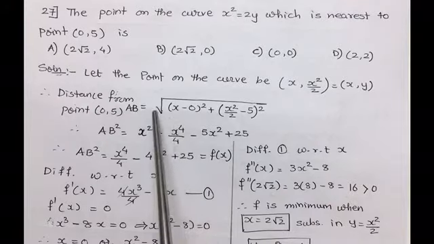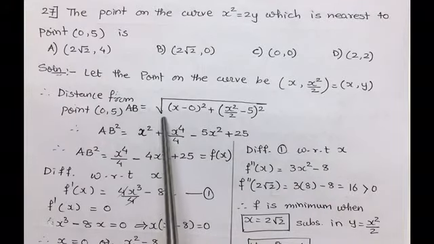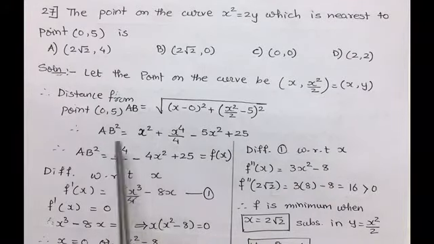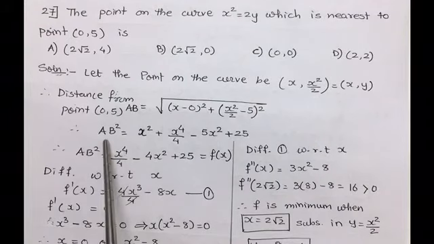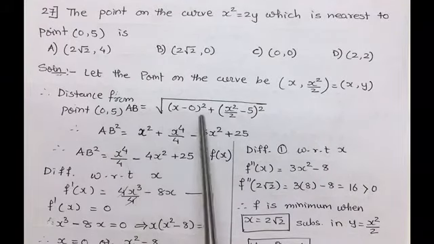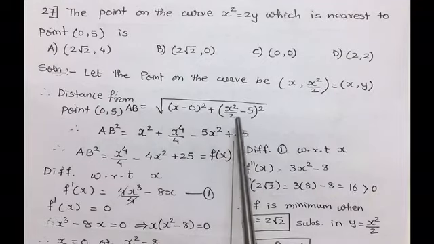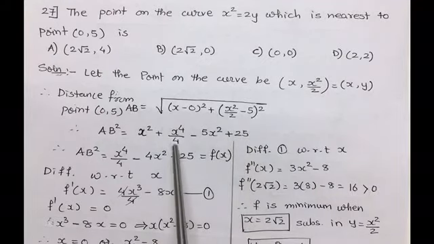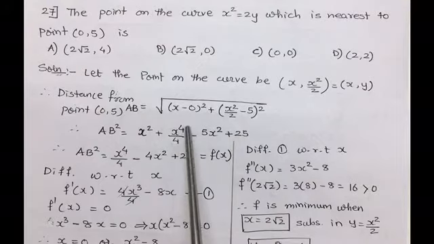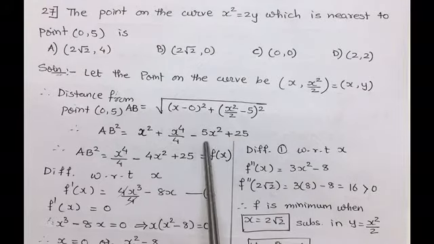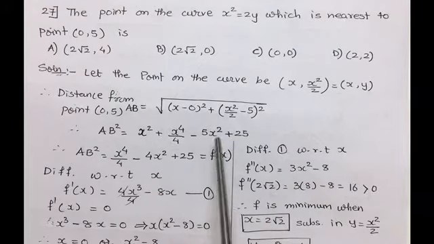Now to remove this root, we take square on both the sides. So we get AB square is equal to x square, and using the formula of (a minus b) whole square, we get x raised to 4 upon 4 minus 5x square as the middle term plus 25.